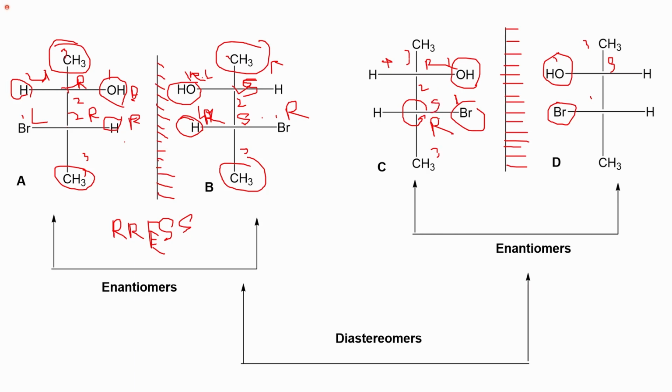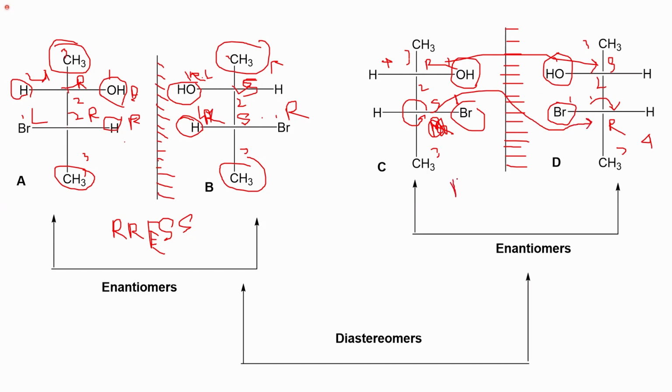This is S. So this is R, this is S. Okay, now let's see this one. So this will be 1, this will be 2, this will be 3, this will be 4. So 1, 2, 3 clockwise. That means it will show R. So this R molecule is showing S. R is showing S, and S is showing R.